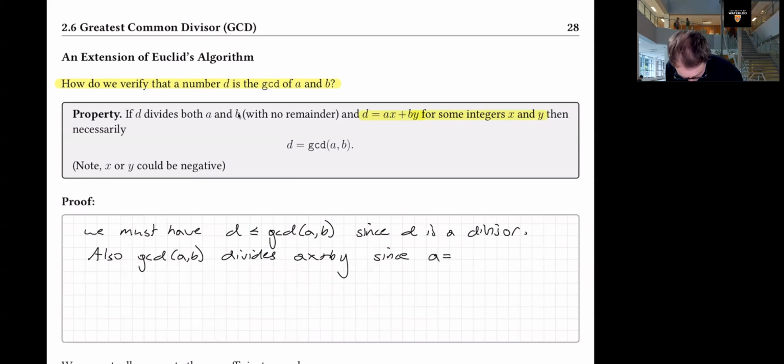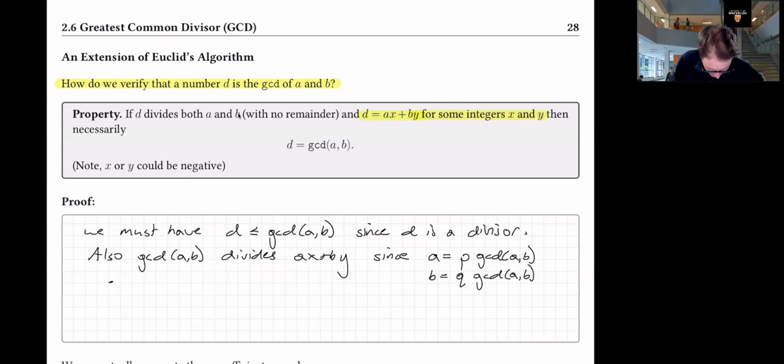So A can be written as P times the GCD of A and B, and B can be written as some Q times the greatest common divisor of A and B. And so that means that this is D, right?